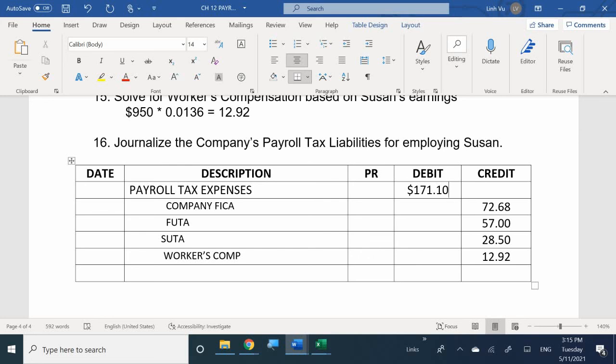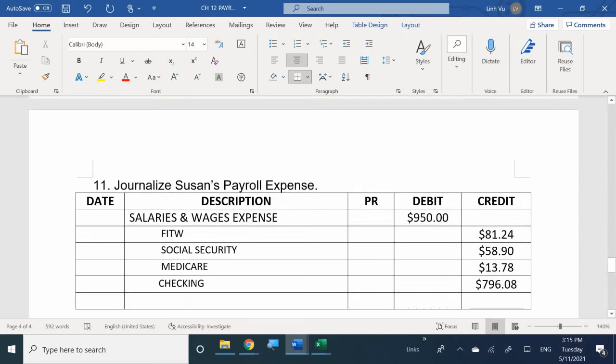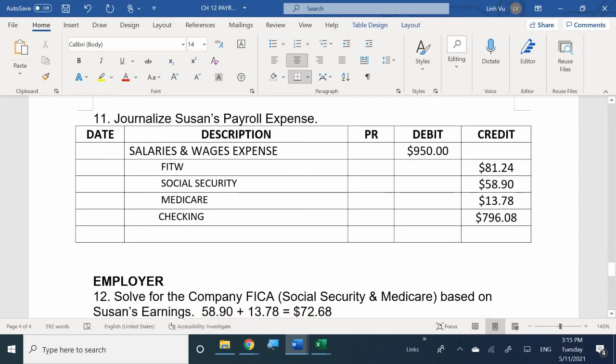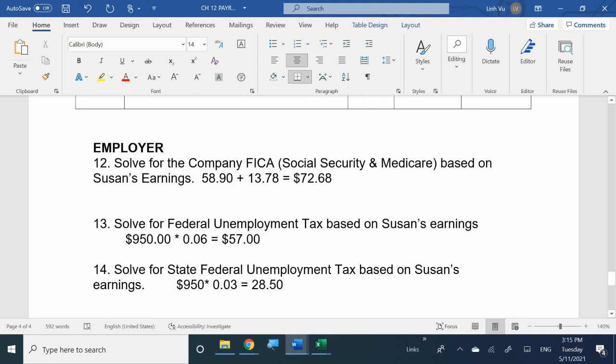So your responsibility is just to make sure that you recognize what taxes come to this person.